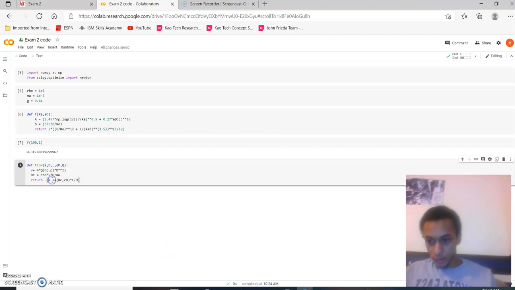And that's going to bother me, so let's add a space. And this is all going to be times V squared divided by 2 divided by g.